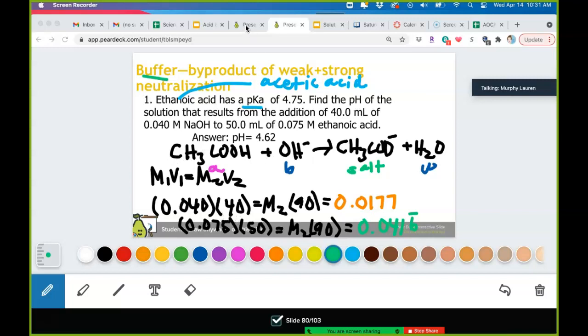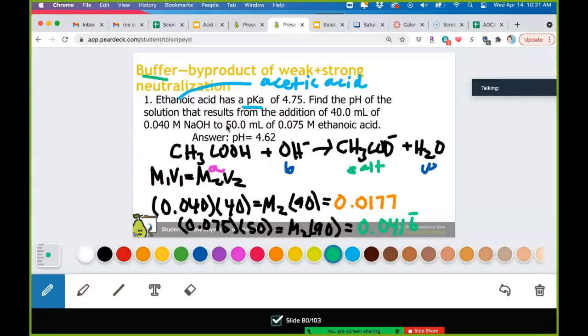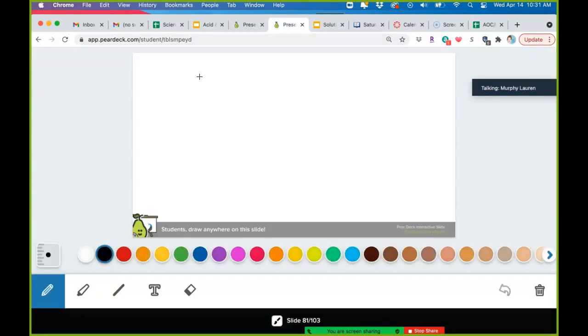So I'm going to go over to the next slide. I'm going to just rewrite my reaction out. I'm just rewriting the net ionic reaction out.